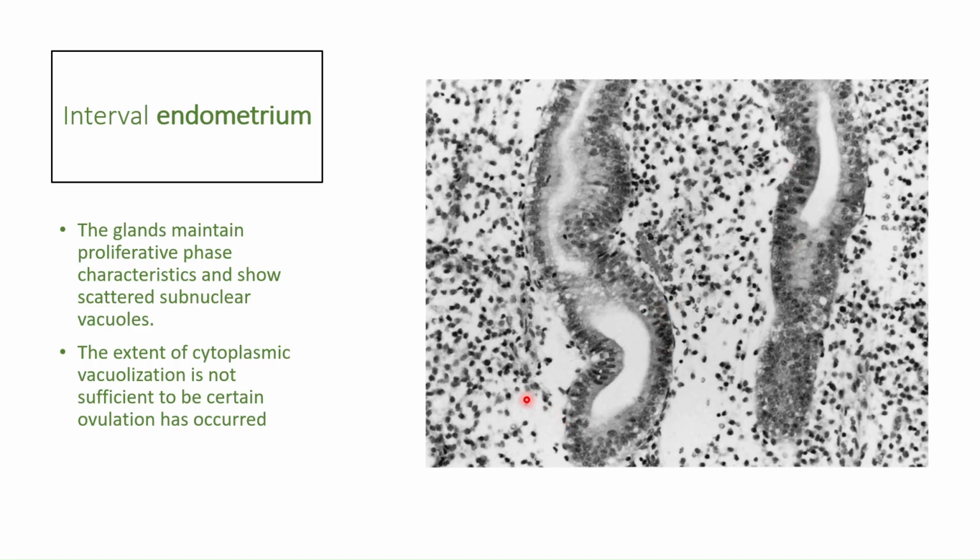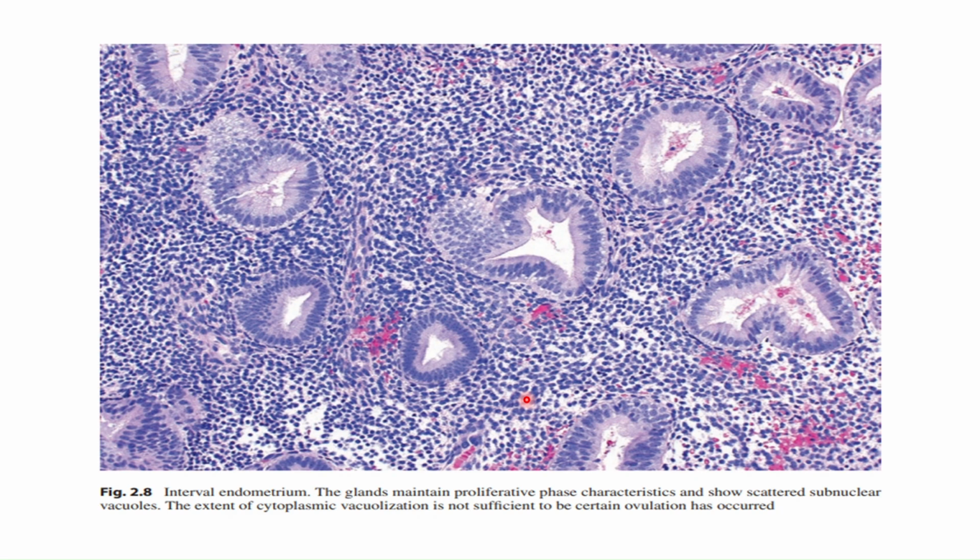Two features are seen in glands, and this is the section showing pseudostratification, and some part of the gland show patchy subnuclear vacuolization. And this is interval endometrium maintaining proliferative phase along with subnuclear vacuolization, and this type of subnuclear vacuolization is not sufficient to be certain ovulation has occurred.